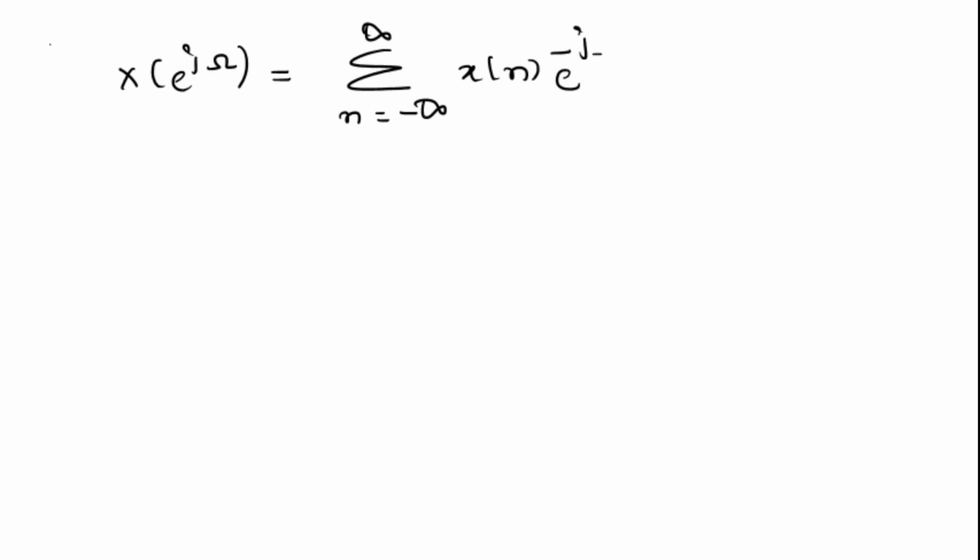We know that X of e power j omega is equal to summation n equals minus infinity to infinity x of n into e power minus j omega n. In the given figure, there are only 4 non-zero samples. That means at 2 we have 1, at 3 we have -1, and at -2 and -3 we have 1.